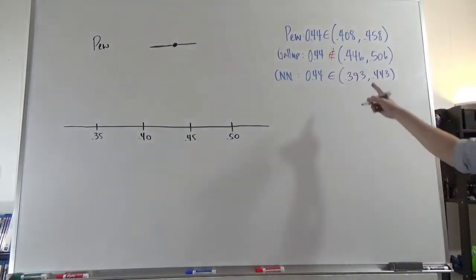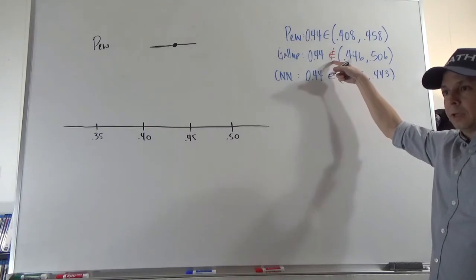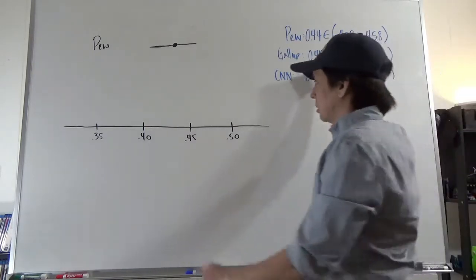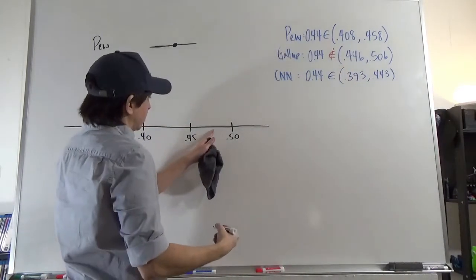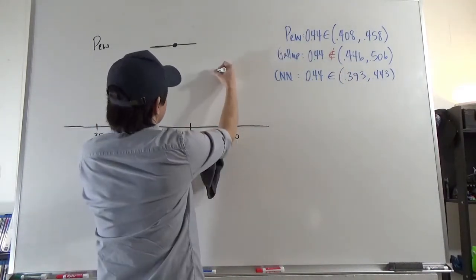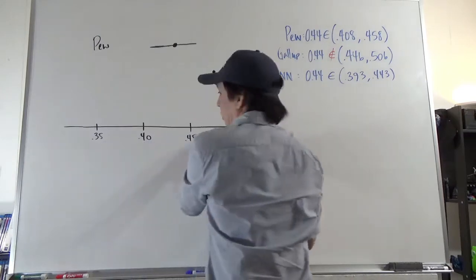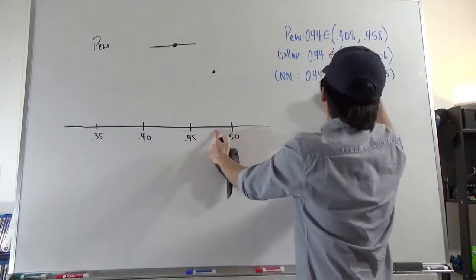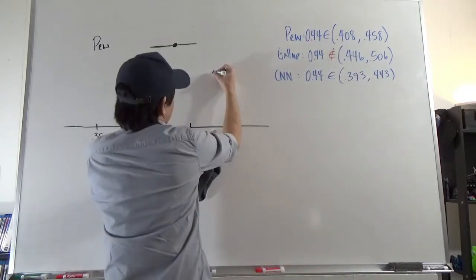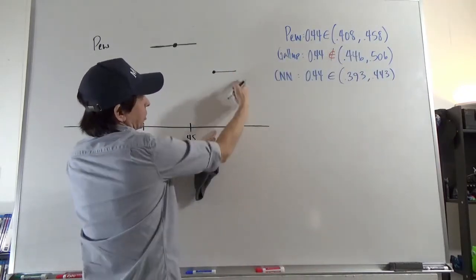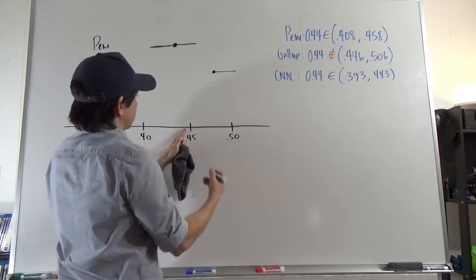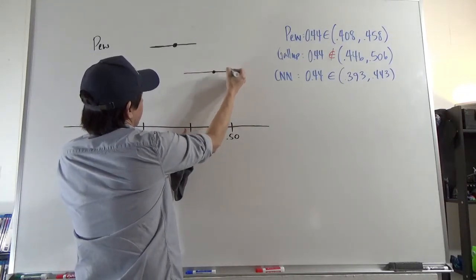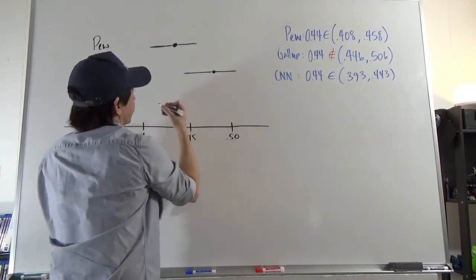Next, Gallup had a point estimate of 0.476, which I want to say is about there. And they had a margin of error that was slightly bigger than the rest, 3%, I believe, right? So they end up going out to 0.506, about there, and 0.446, about here. And that is Gallup.